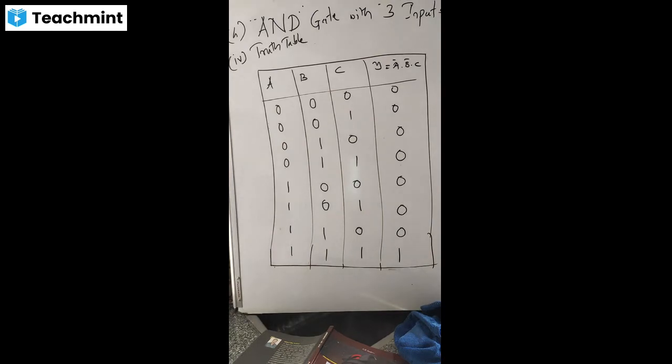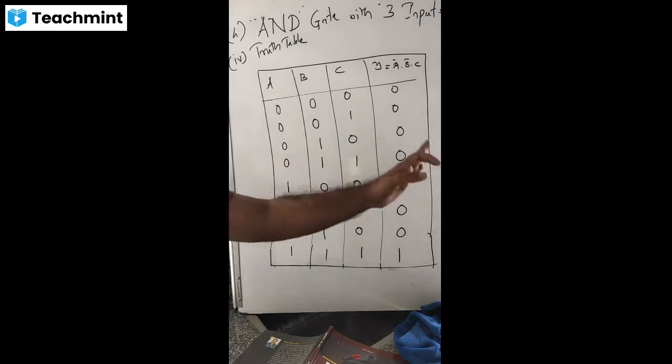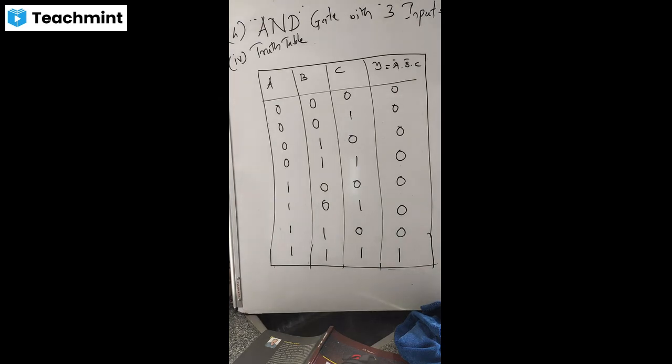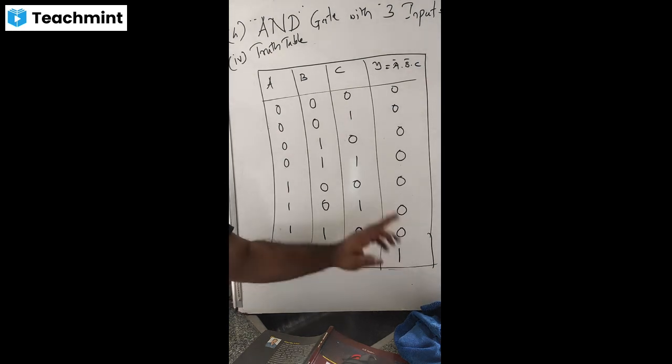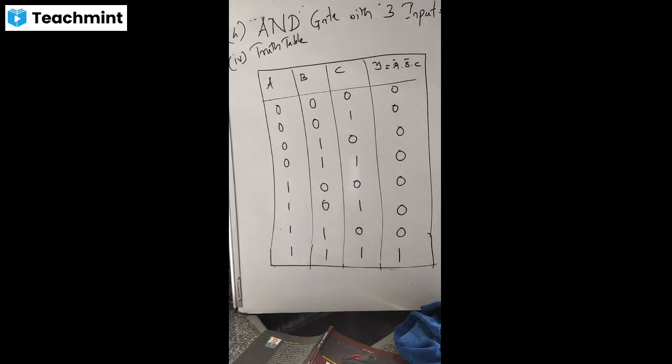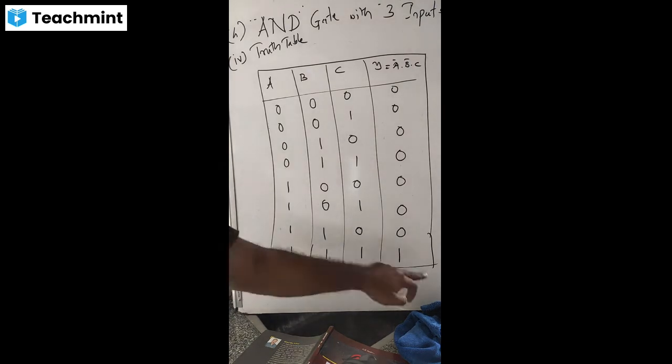So see, out of these three inputs, if any one input is 0, wherever there is a 0, the output will be 0. So you are going to get output high value only when all three inputs are high.